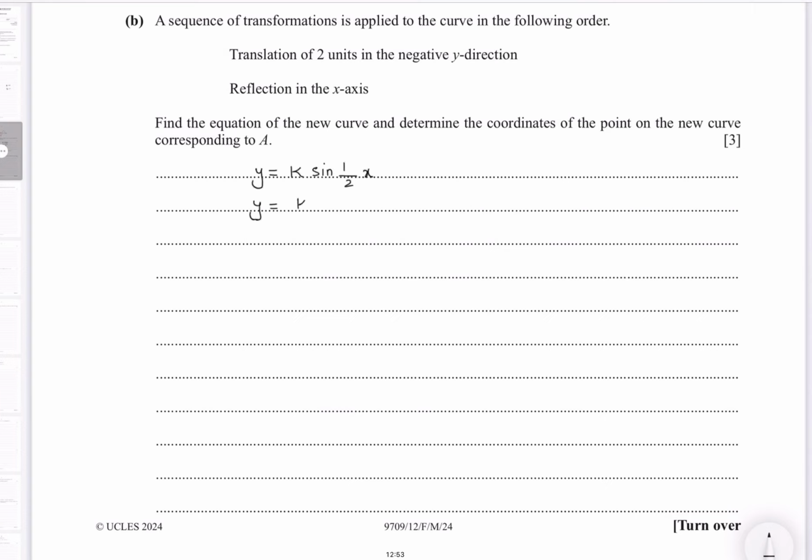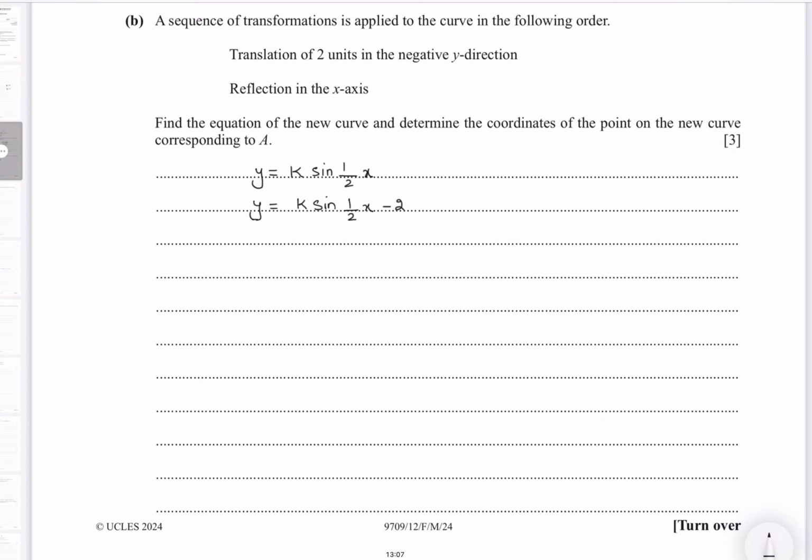We have y equals k sine of half x, so y equals k sine of half x minus 2, because it says translation of 2 units in the negative y direction, so we have to place minus 2 with the whole equation because it is going down on the y-axis.